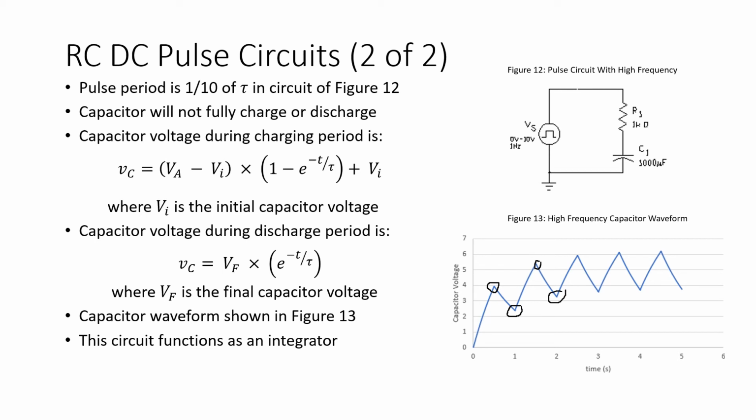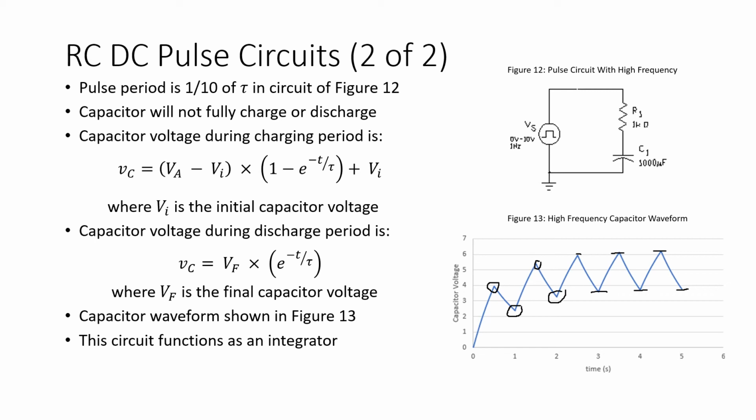And note, after 3 cycles of the pulse source, the capacitor then reaches more of what we think of as steady conditions here, where the capacitor charges to 6 volts and discharges to about 3.7 volts, charges to about 6.2 and discharges to about 3.85, and charges to about 6.2 and discharges to about 3.9.